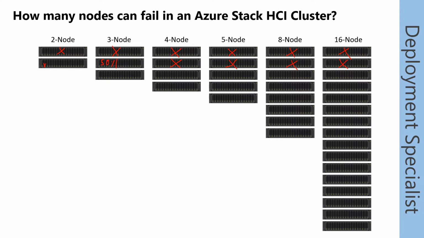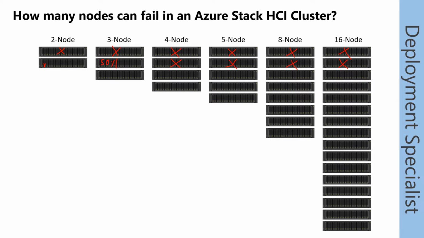And starting with the 4 node cluster, the maximum survivable node failures cannot be increased. So with additional nodes, 5 node, 6 node, 7 node, we only increase our storage efficiency and storage capacity, and for sure also our CPU and memory resources.